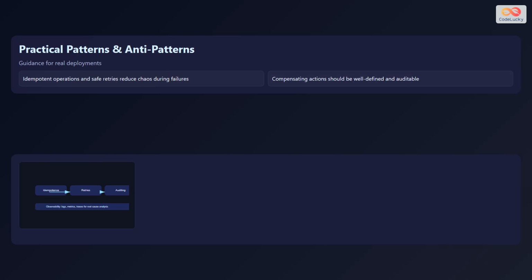To achieve idempotence, assign unique identifiers to each operation and track which ones you've already processed. Use databases to store execution records. When a duplicate request arrives with the same identifier, return the cached result instead of reprocessing. Idempotence transforms unreliable networks into reliable systems.